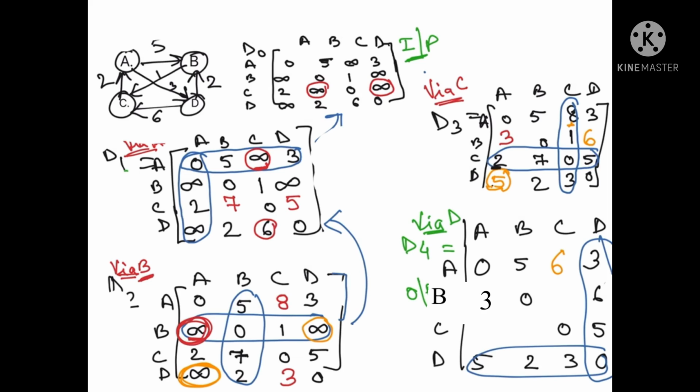The other way is B to D and D to C, but B to D you can't go. Whatever path you see, nothing will be smaller than 1.